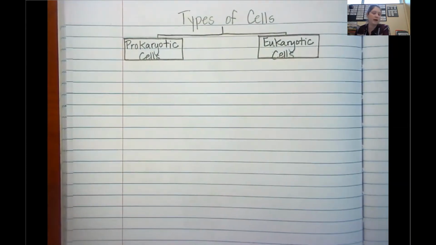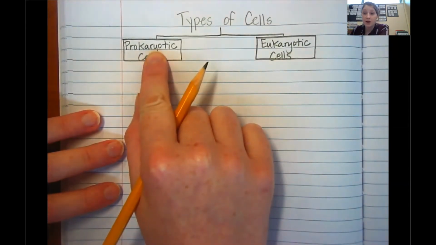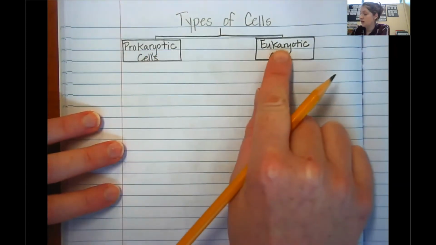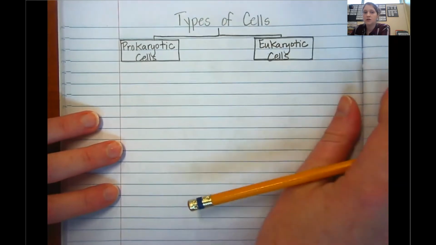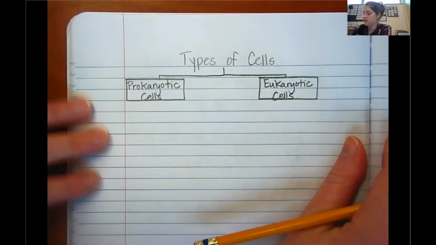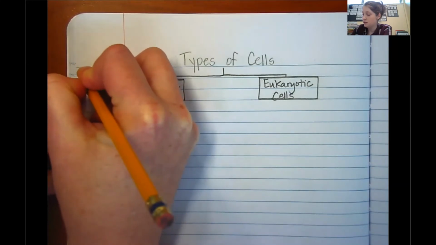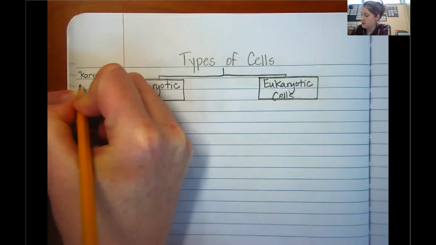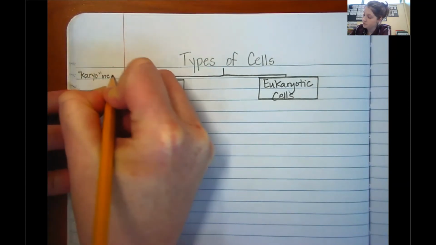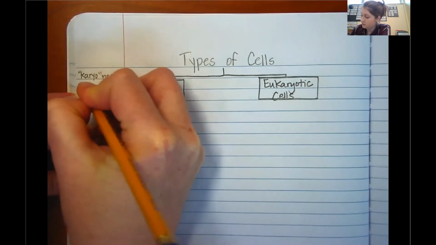First thing I want to point out is this term here, karyo. You'll see that it pops up in both words. So I'm going to make a little side note here that the root karyo means kernel.